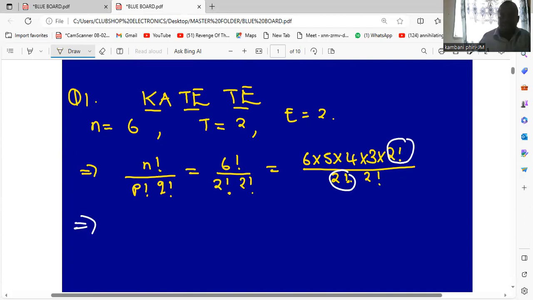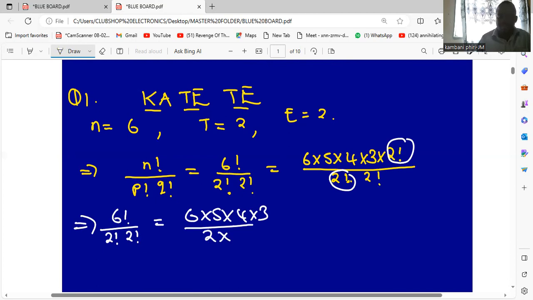So we have 6 times 5 times 4 times 3 divided by 2 factorial, which means 2 by 1, which is 2. So 2 into 6 is 3. So we have 3 times 5 times 4 times 3.